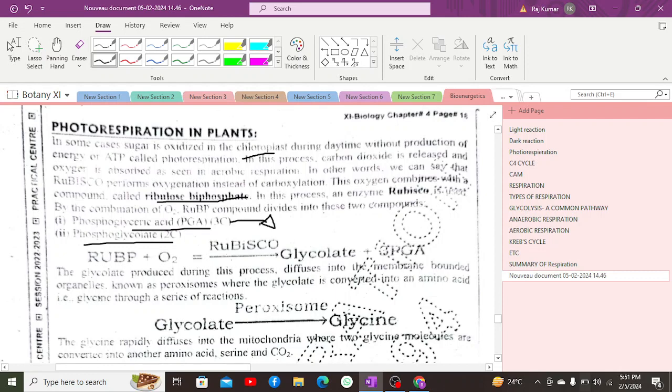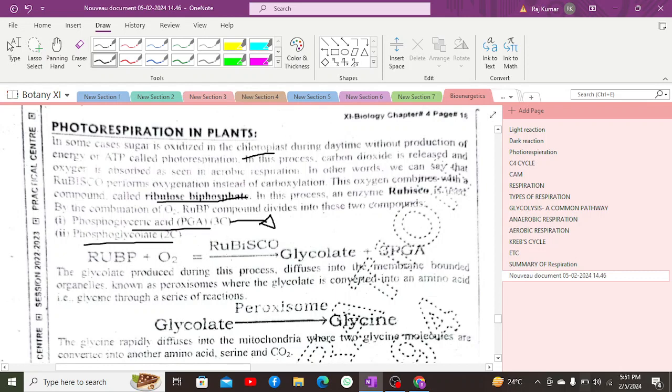But the problem is that the quality of the sugar obtained from the phosphoglycerate through photorespiration will not be as effective or as nutritious as that obtained through the pure Calvin Benson cycle.